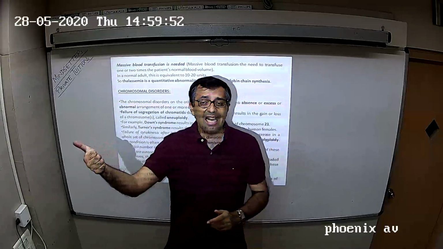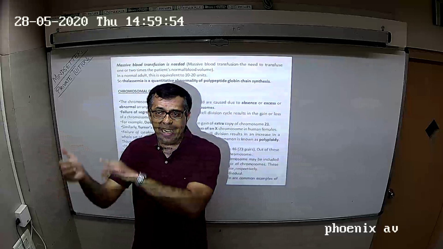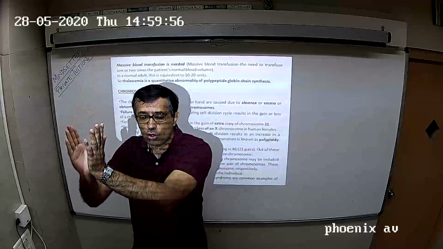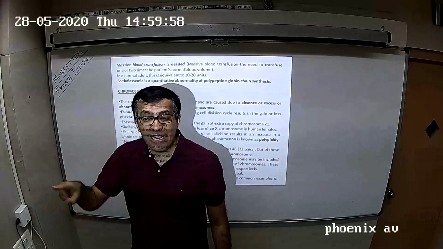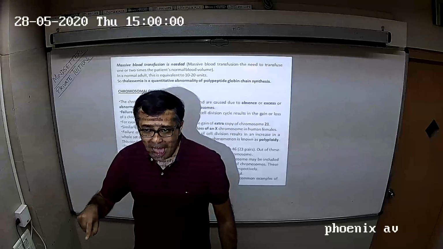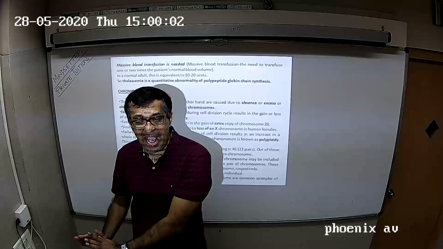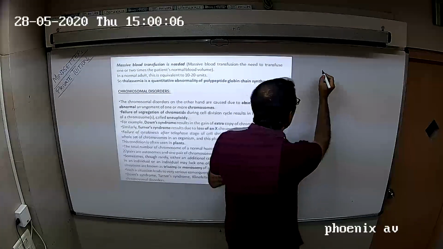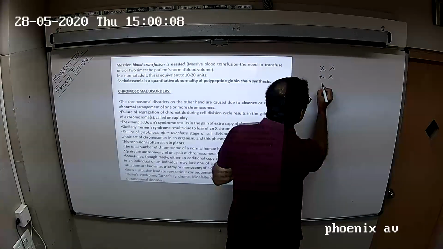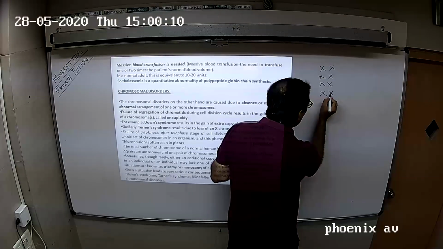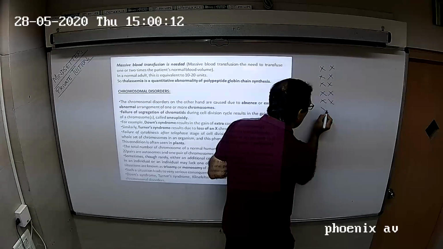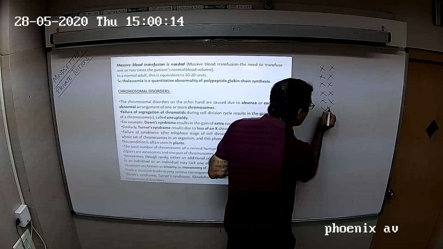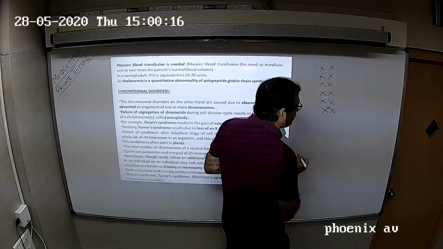And what happens in the other gamete? We have 20 autosomes, no 21st autosome, and we have the 22nd and X chromosome. So what has happened, sir? If we look at this, these are autosomes, and this is crossing over of autosomes.